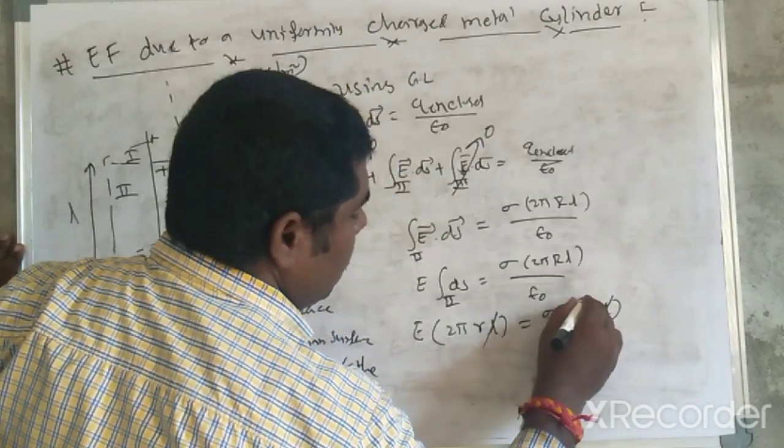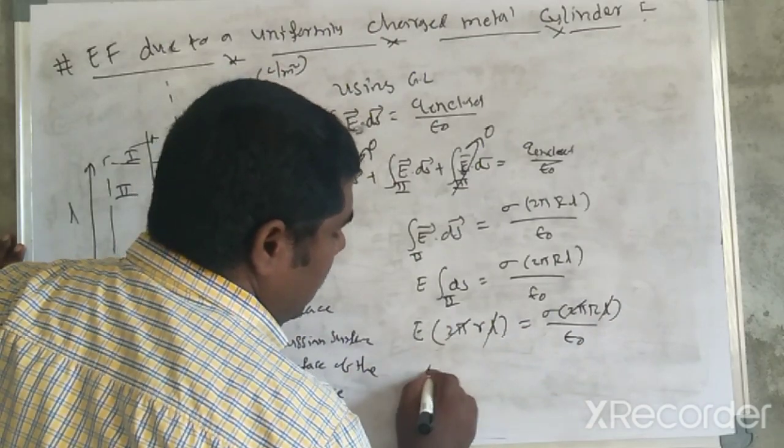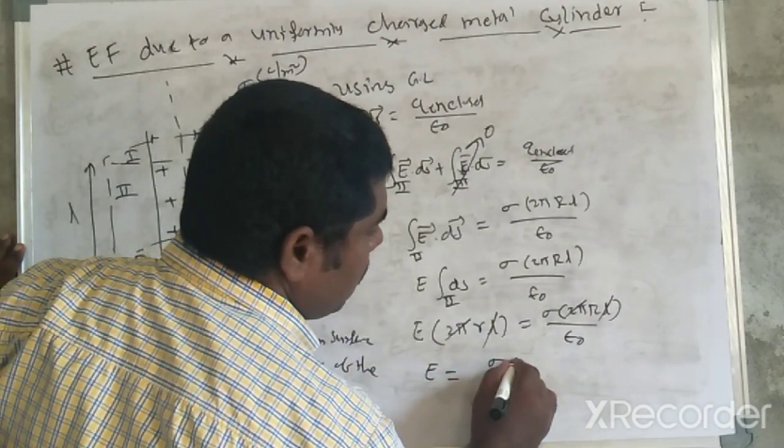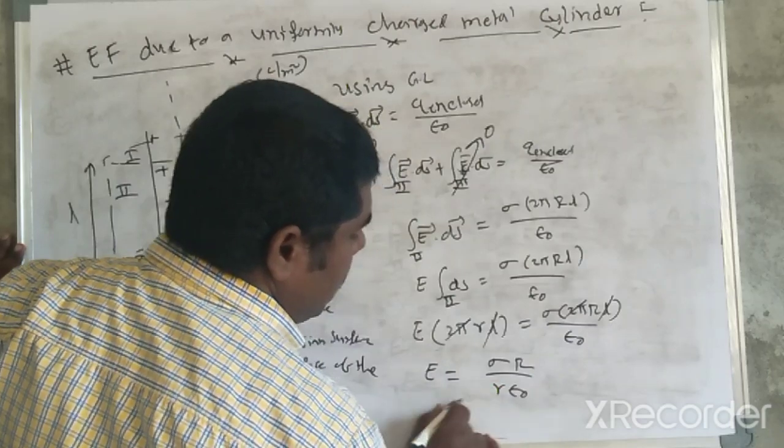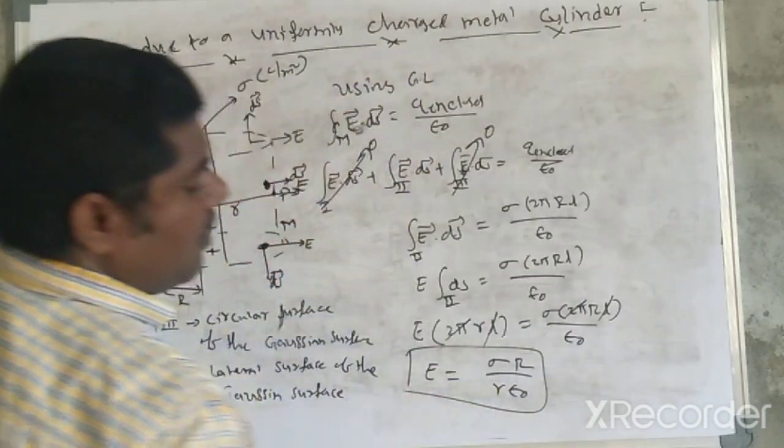L gets cancelled, 2 pi gets cancelled. Electric field strength is equal to sigma into capital R divided by small r into epsilon naught.